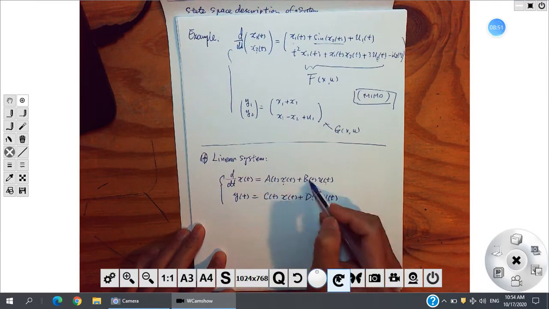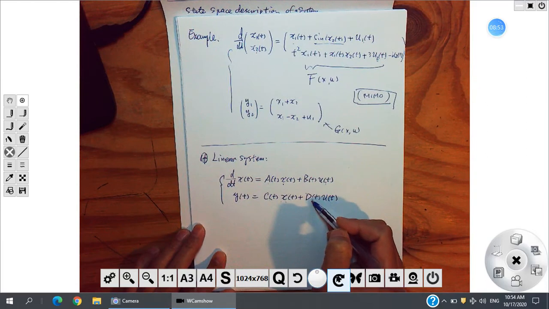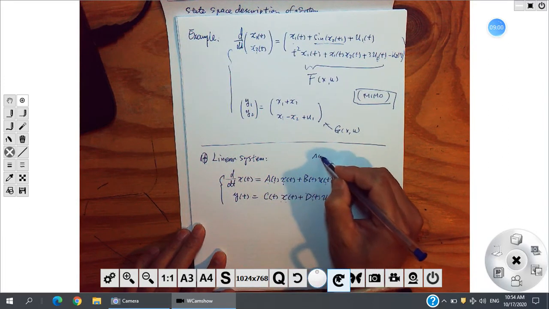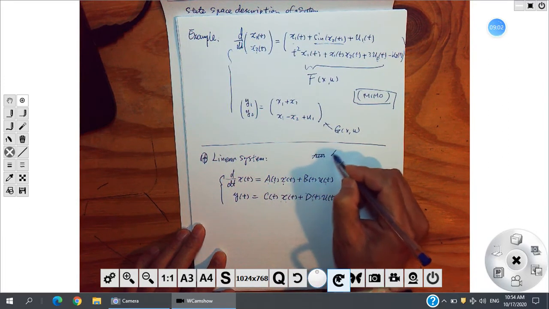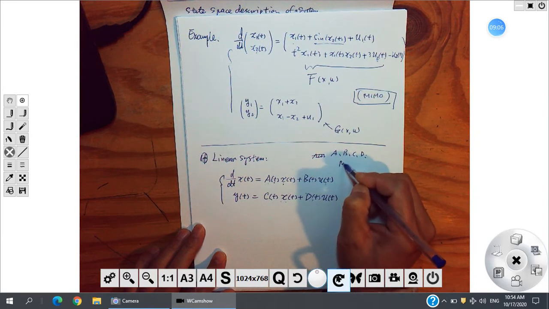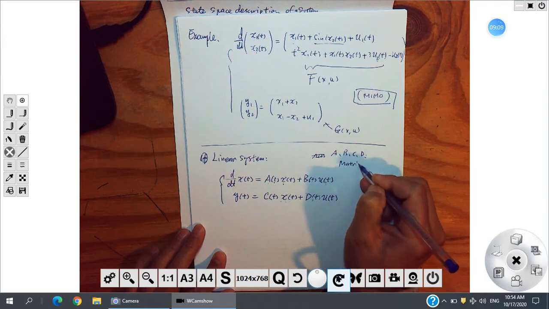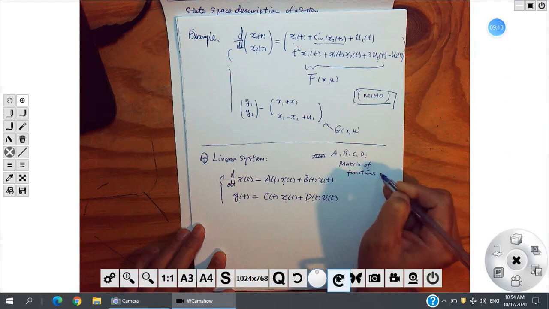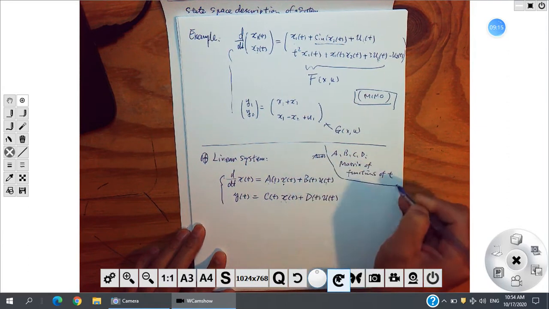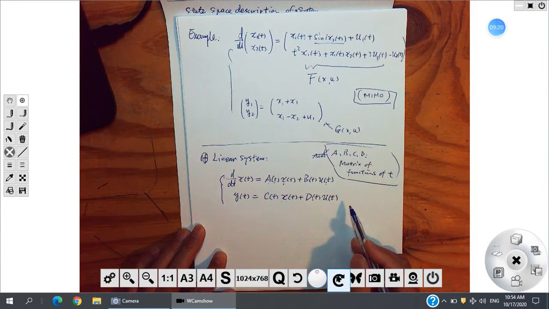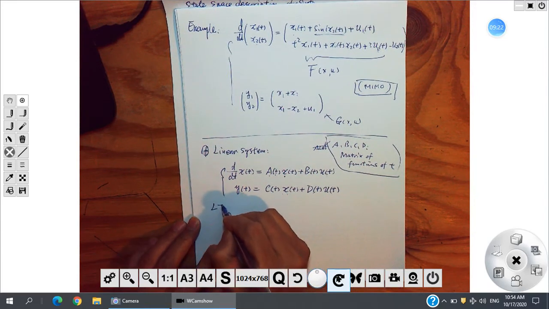A, B, C, D are matrices of functions of t. So this we call a linear system. And then the LTI system, the linear and time invariant system.